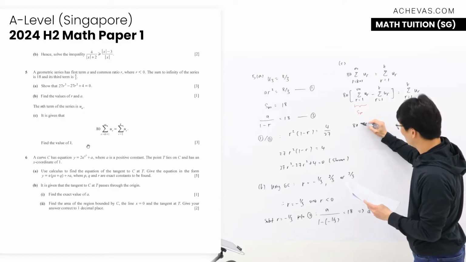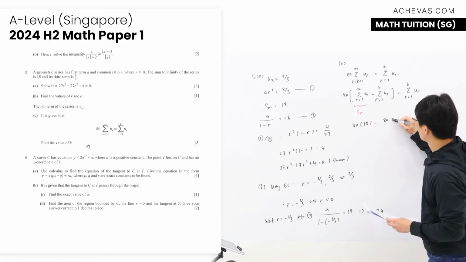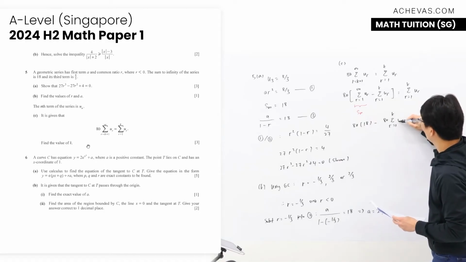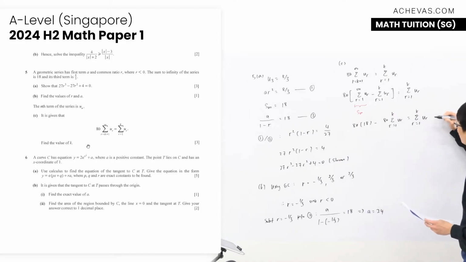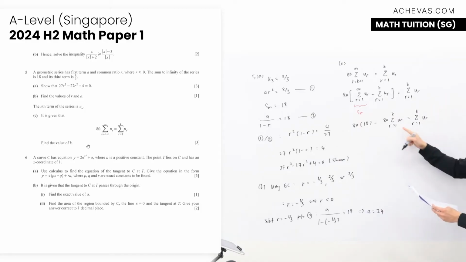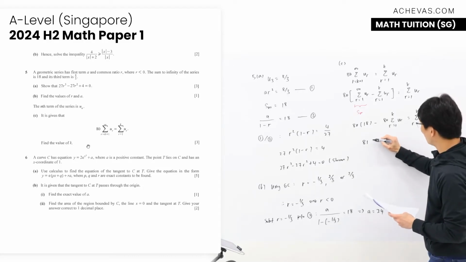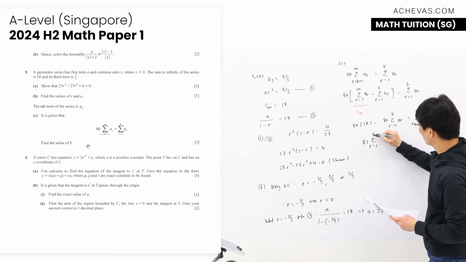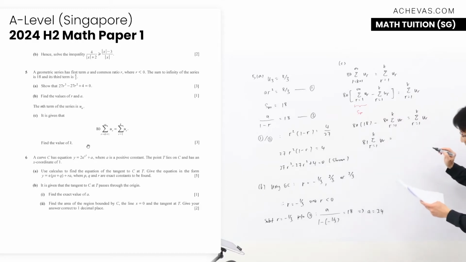So I'll get 80 multiplied by 18 minus 80 summation r equal to 1 of k ur equal to summation r equal to 1 to k of ur. Okay, I'm going to shift this over to the right hand side. I should be getting 81 summation r equal to 1 to k of ur equal 80 multiplied by 18.